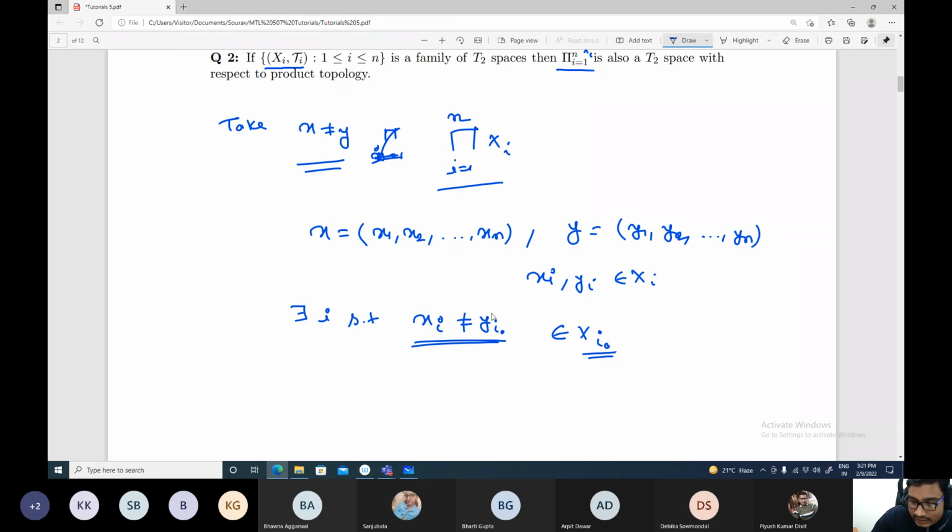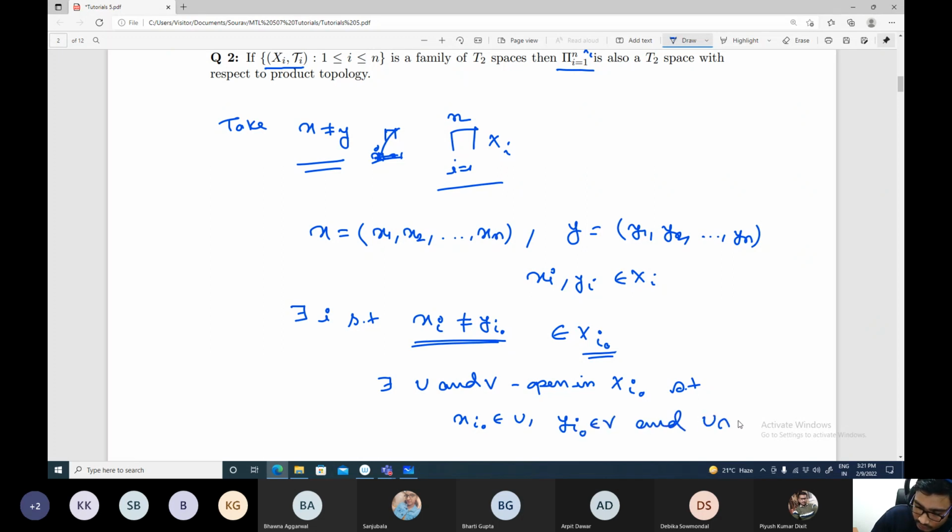and these two are distinct elements, there exist U and V open in X i naught such that x i naught belongs to U, y i naught belongs to V, and U intersection V is empty.